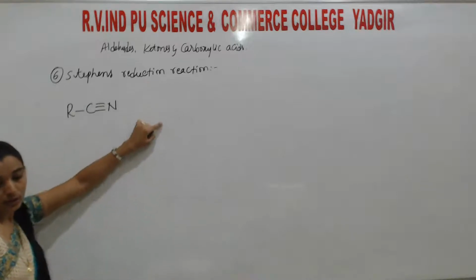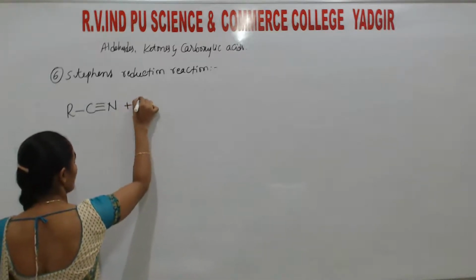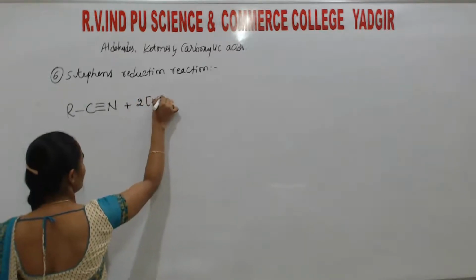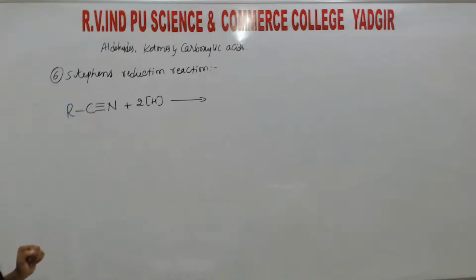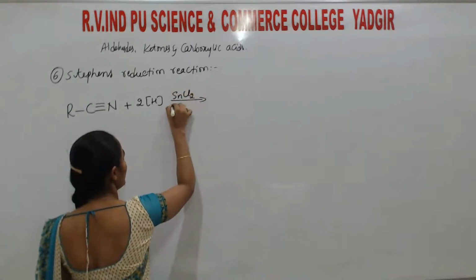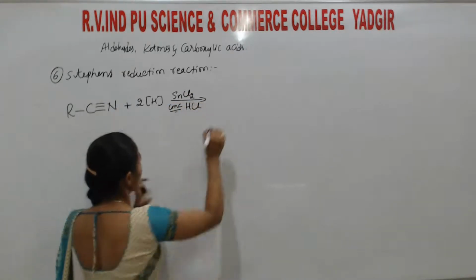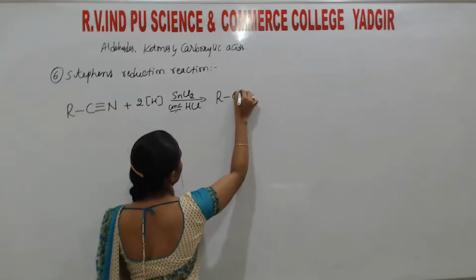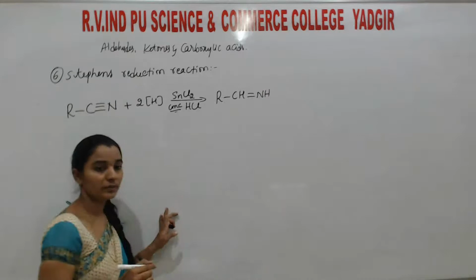So in the reduction reaction, when hydrogen is added, as I told you, it is stannous chloride in presence of concentrated HCl. So here they form R-CH=NH.